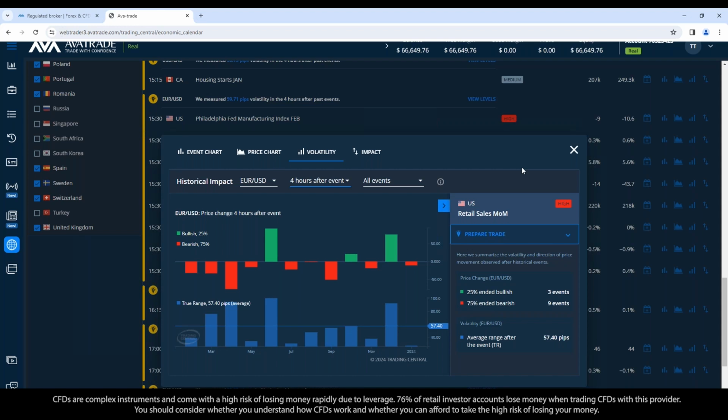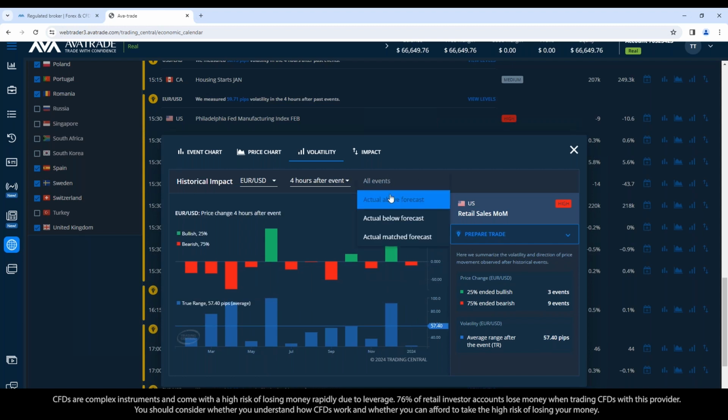Look at the fear that surrounds these announcements in the hours after the US announcements. 75% of the time, the USD pulls the euro down with an average range movement of nearly 57.4 pips. It's a large range movement in a small period of time. And look, almost all of them are down with just a few up, okay?